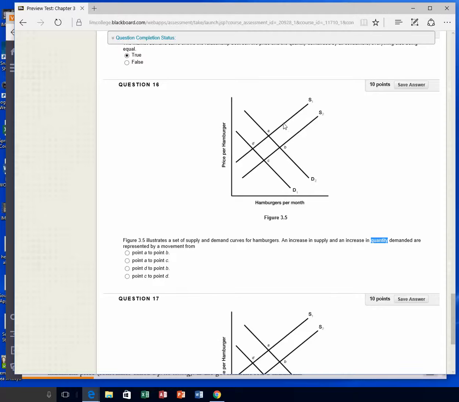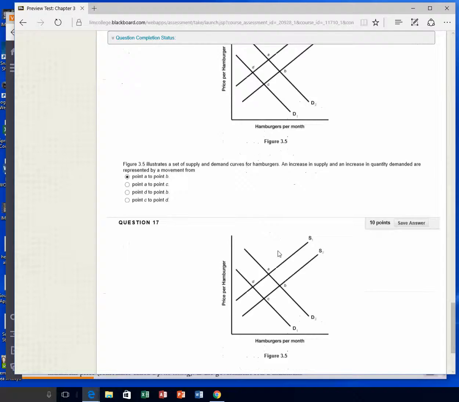So if supply shifts from S1 to S2, it's either from A to B or D to C, because the demand curve is not changing here, since we see the quantity demanded. So which one is right? It's A to B, right? This first one. Again, just the supply curve shifts to the right, and there's just a change in quantity demanded from A to B here.